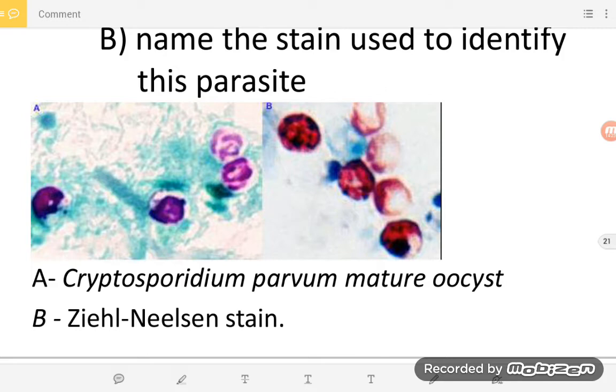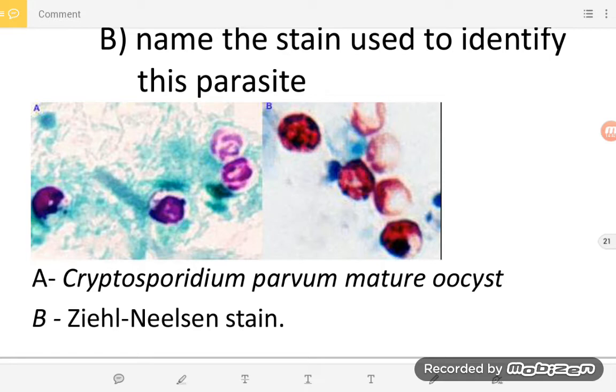For acid fast organisms we use the modified Ziehl-Neelsen staining technique to identify Cryptosporidium parvum.